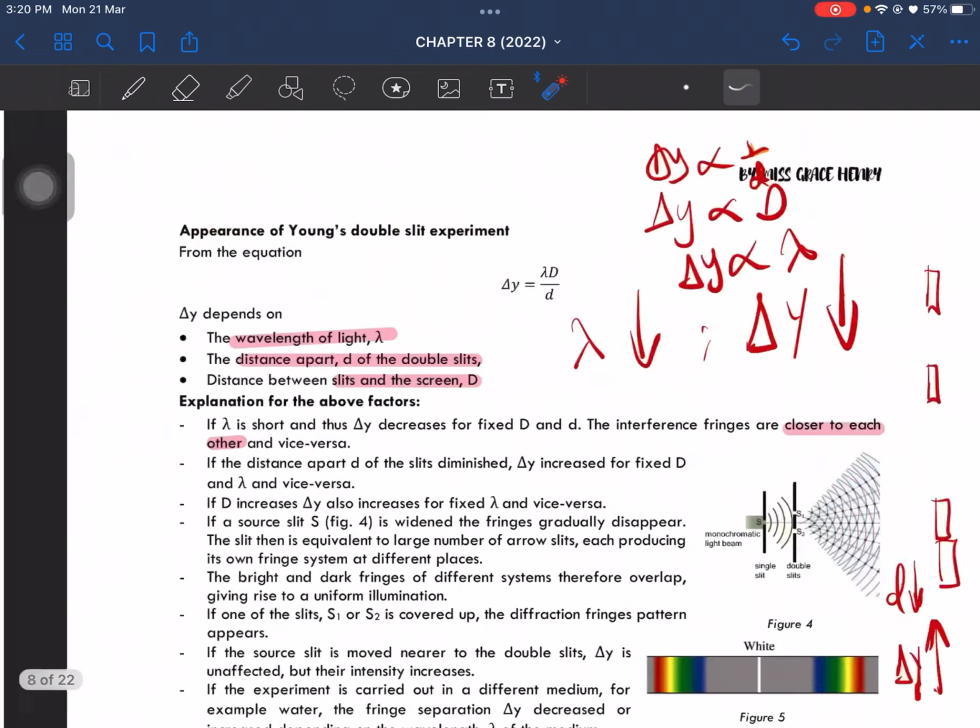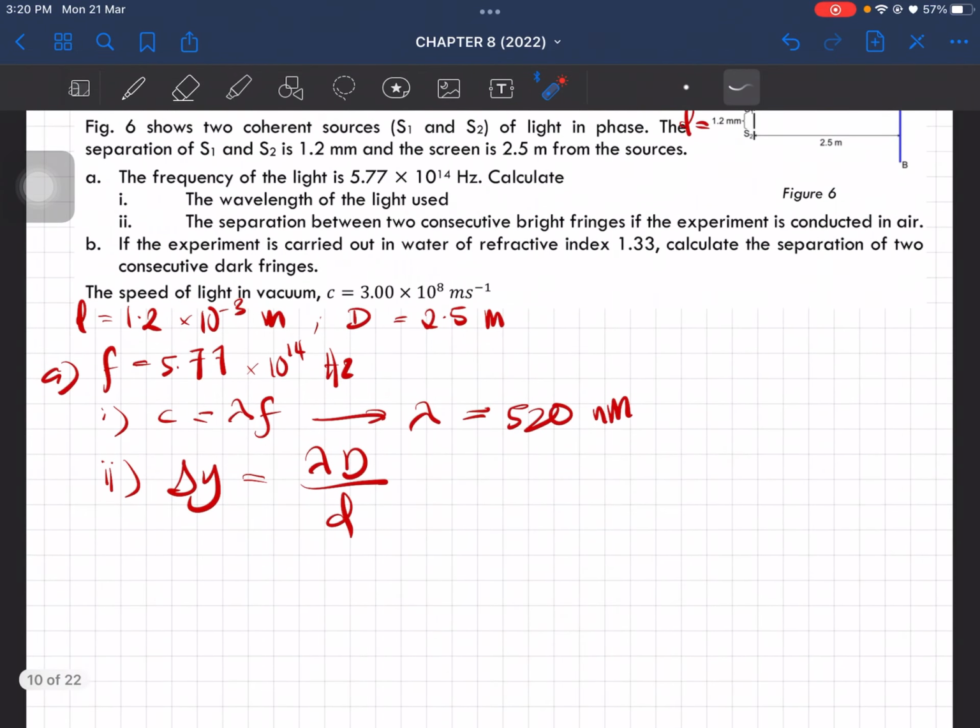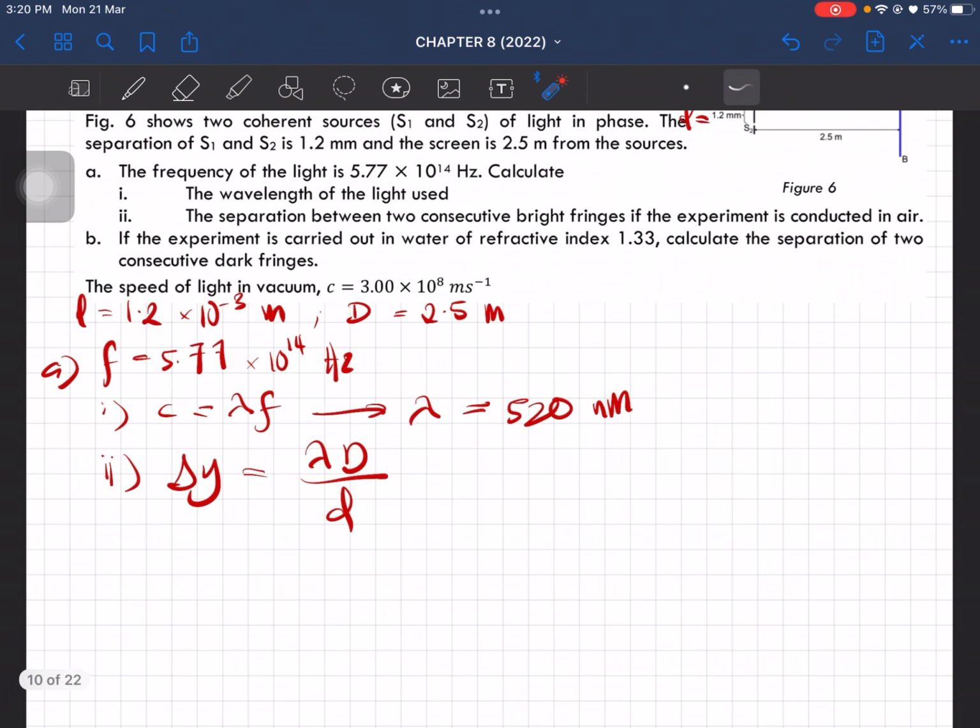That is the equation. It is between two consecutive bright fringes, not between bright and dark. So just substitute, then you will get 1.08 times 10 to the negative 3, because all of these are given, so we are just using this formula.